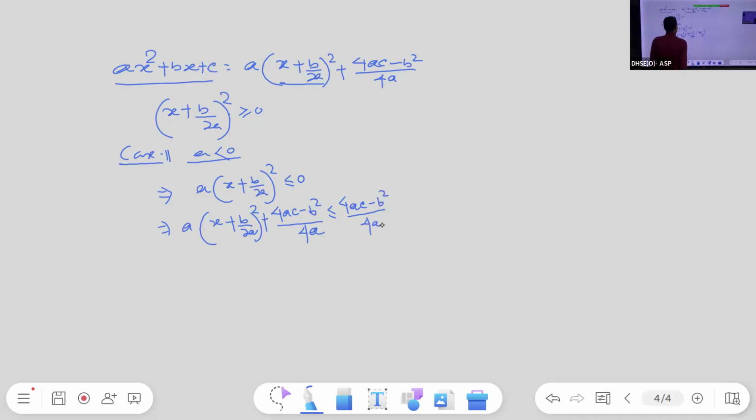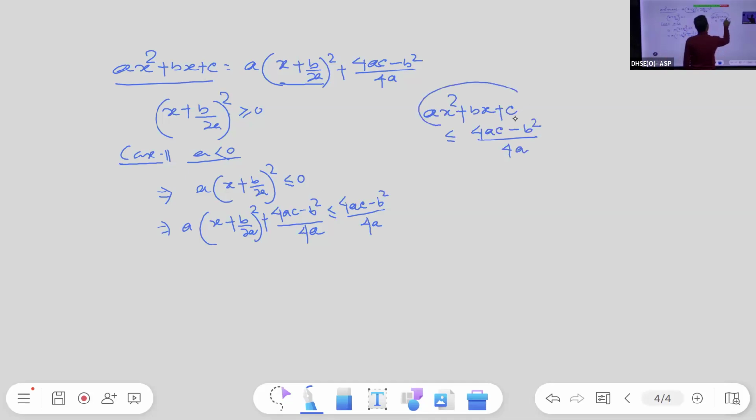You see, the left hand side is nothing but the simplified version of the expression ax square plus bx plus c. So in place of a into x plus b by 2a whole square plus 4ac minus b square upon 4a, we can write ax square plus bx plus c. So ax square plus bx plus c is less or equal to 4ac minus b square upon 4a, right?